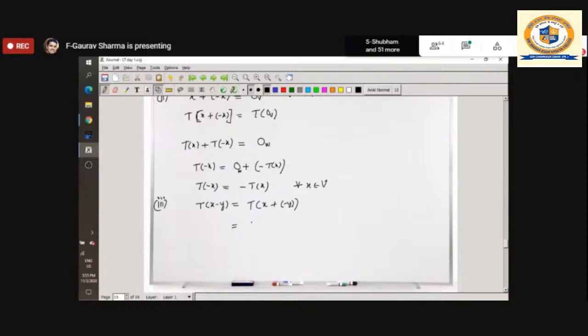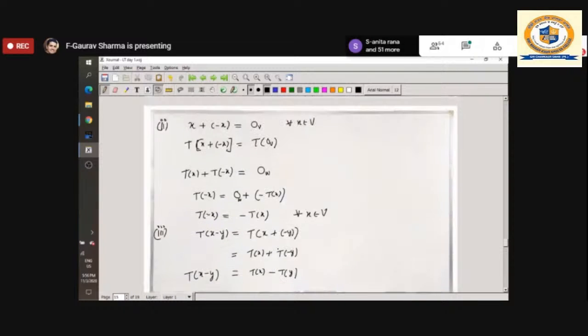By the definition of linear transformation, we can write it like Tx plus T of minus y. Very good. And then Tx plus, by the second definition, we can write it like minus Ty. So therefore, T of x minus y equals T of x minus T of y. Right?